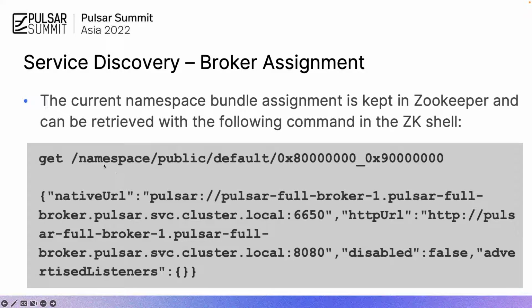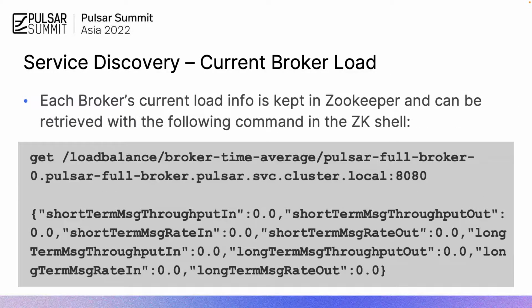As you can see here, this is stored in a hierarchical manner, with individual entries on a per-namespace basis. So namespaces come first, then the name of the namespace, and the relative bundle ID. Again, this is a fairly small data set, but it stores real-time data around which broker is serving that topic or that particular namespace bundle at any point in time.